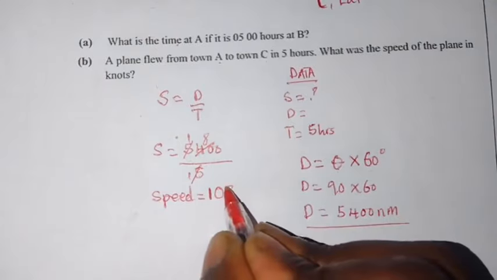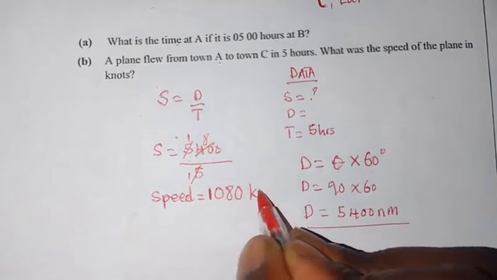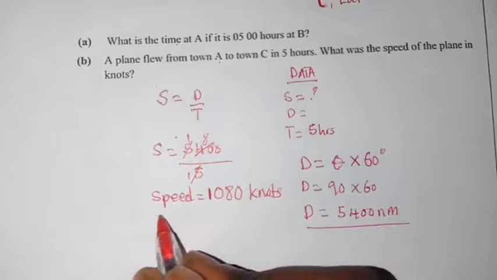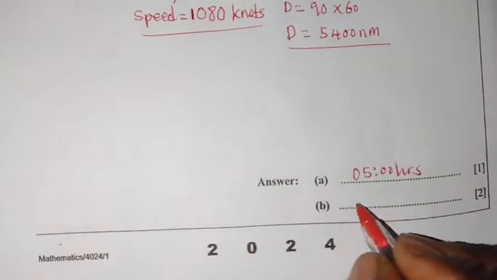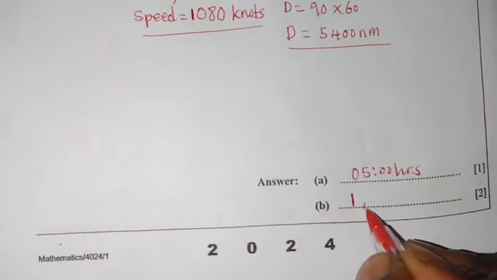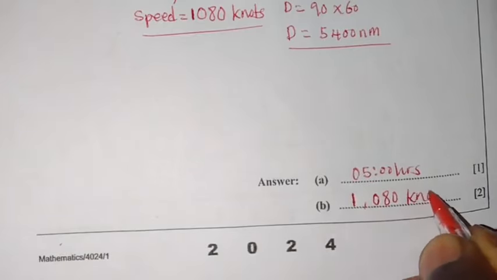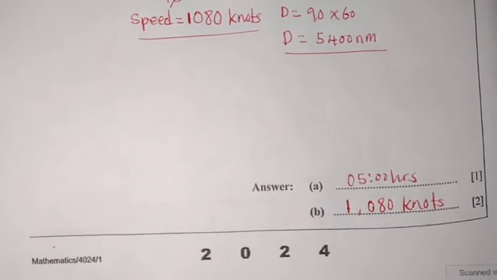So I'll write 8. And this 0 that is remaining. So this is our speed, which is 1080 knots. Okay. So we can just write our answer here, that our speed that we have found is 1080 knots. Okay, so these were the answers to this question.